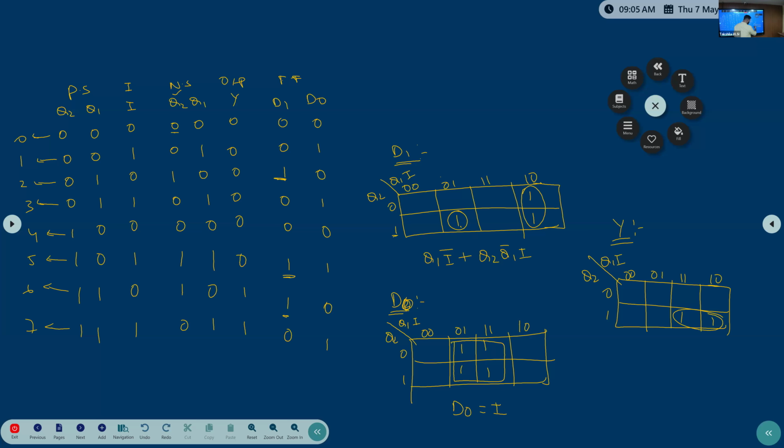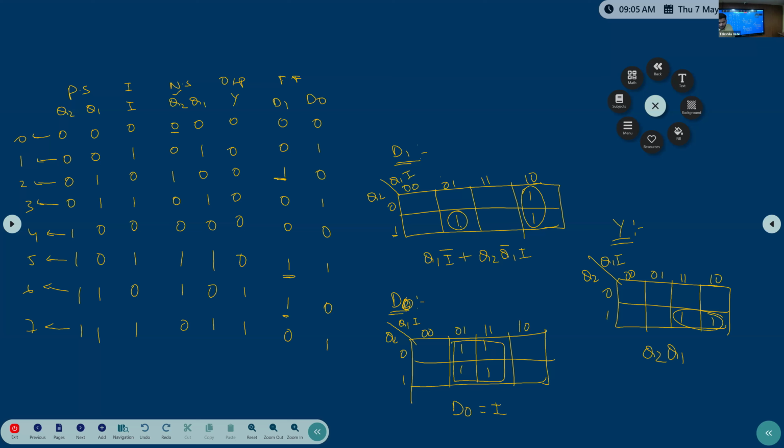Q2, right? Q2. And what is the common here? Q1, right? So directly from here itself, these both are high, these are changing. So Q1, Q2, you can directly take from here also, or you can implement the K map also, not a problem.